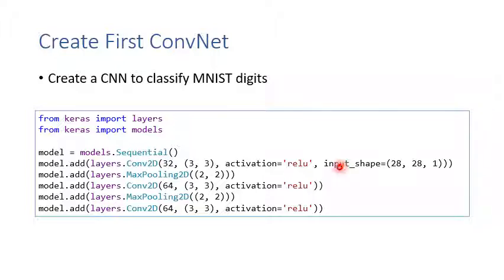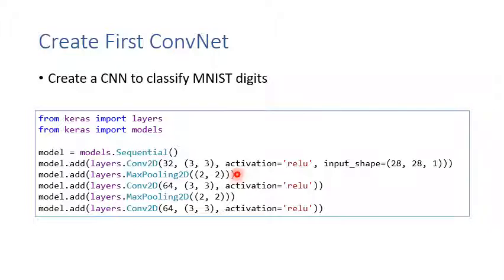The first layer needs to assign the input shape, which is 28 by 28 by 1, because we are processing grayscale images of MNIST. And then we need to assign the size of the filter. We choose a 3 by 3 filter. Finally, we need to assign the output dimension, which is the output channel size. We assign it as 32.